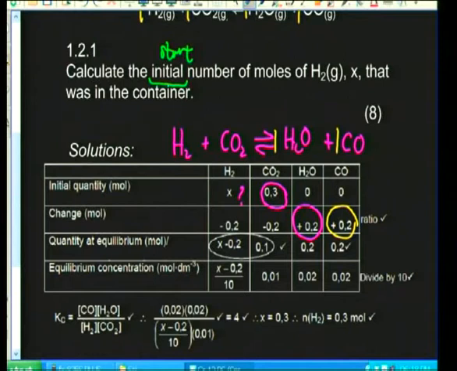We know that if 0.2 moles of water is formed, the same amount, because of the 1:1 ratio, of carbon monoxide is formed. Working back, I would say the same amount, 0.2 moles, had to be used up from the reactants in order to get there. So we have the 0.2 moles on this side. And then similarly, there must have been 0.2 moles of hydrogen that has been used up.